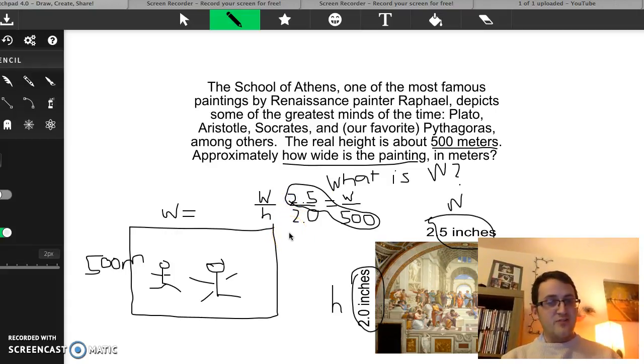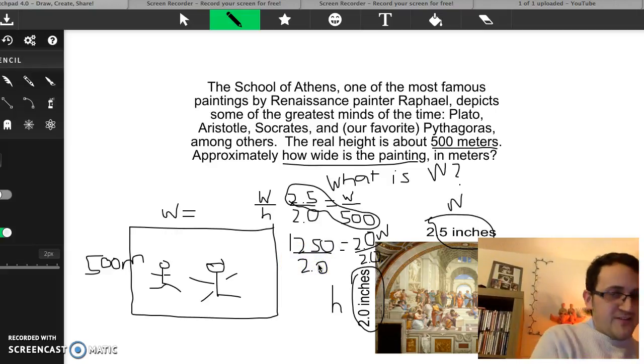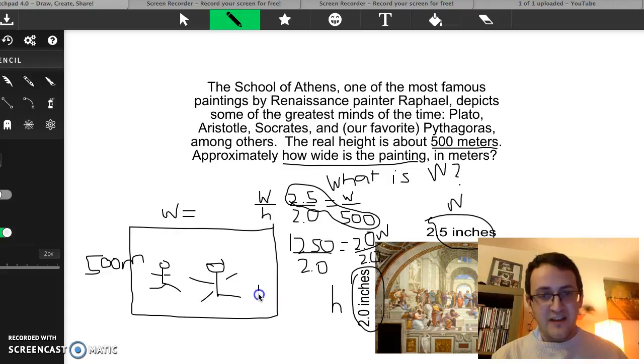So I got 500 times 2.5 first, and that comes out to 1250, equals 2.0 W. I'm going to divide by 2.0 to get that W all by itself. And I got 1250 divided by 2.0, which comes out to 625. So I'm going to say W equals 625.